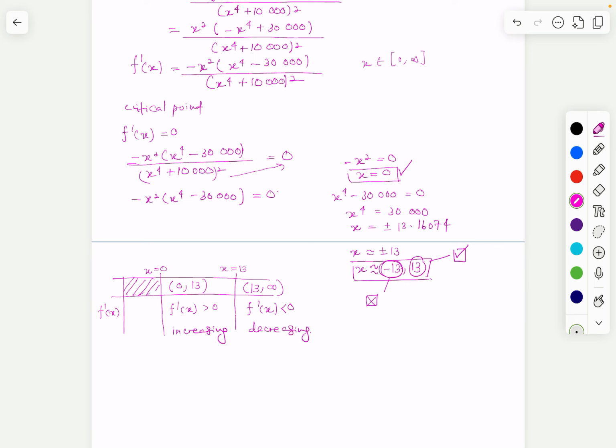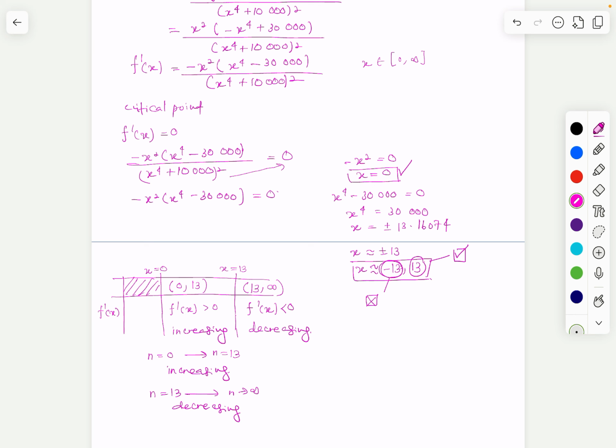At the critical point x equals 13, the pattern changes from increasing to decreasing. Coming back to the sequence, it is the same: from n equals 0 to n equals 13 the sequence is increasing, and from n equals 13 to infinity the sequence is decreasing.